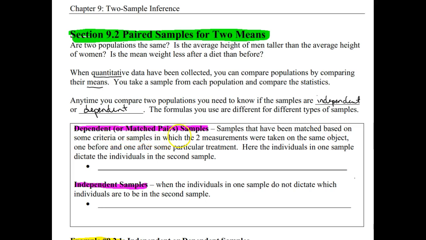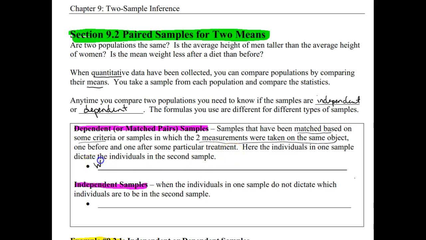So dependent or matched pair samples. These are samples that have been matched based on some criteria, or samples in which two measurements were taken on the same object, one before and one after some particular treatment. Here the individuals in one sample dictate or determine the individuals in the second sample.